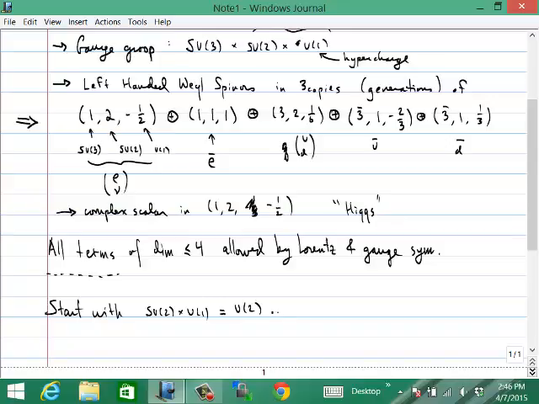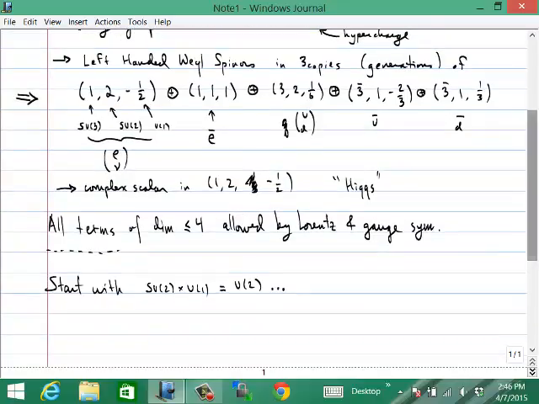And the important point is that we have a scalar field phi which transforms in the two-dimensional representation of SU2.